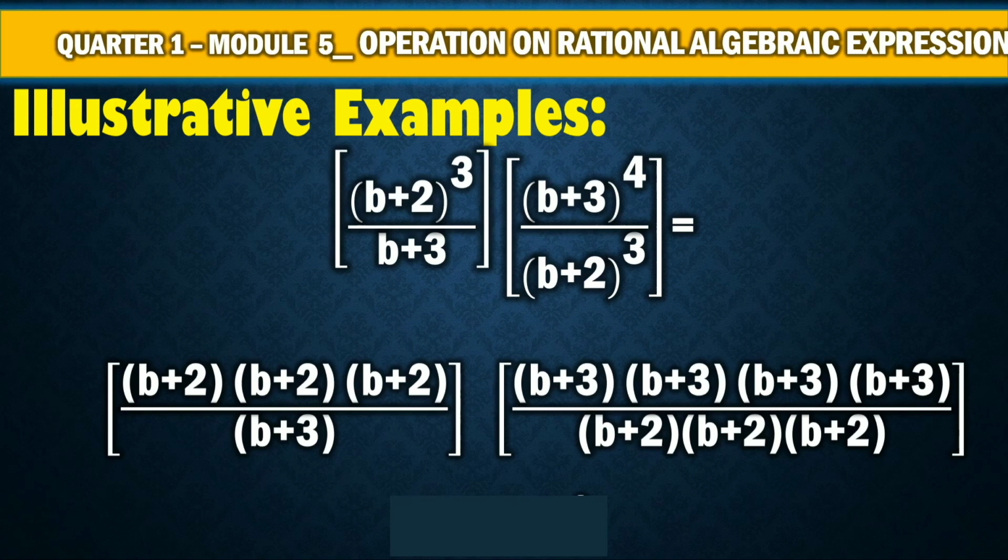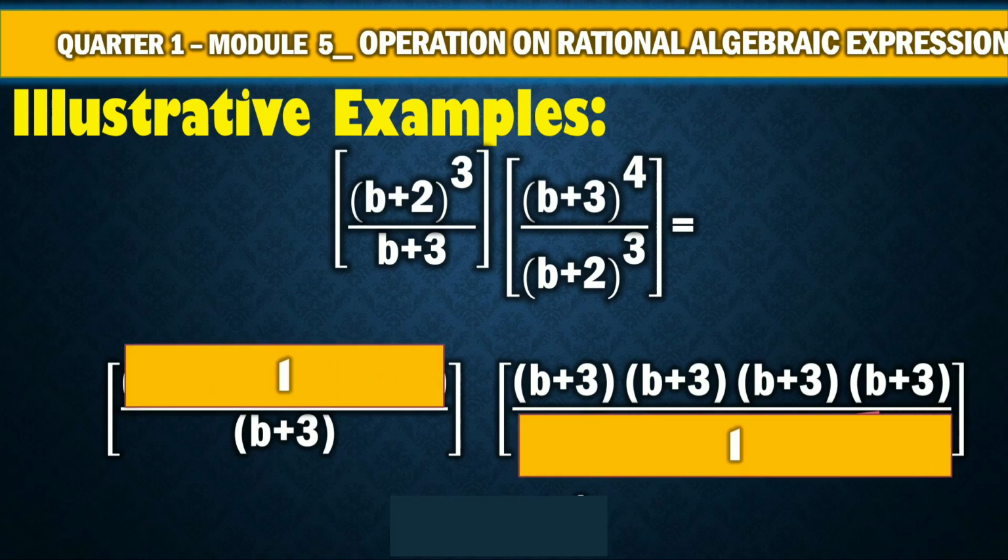And then, after that, let's cancel out or divide out the common binomials. So, the three b plus 2 in the numerator of the first expression, I can cancel all of those out. The same is true with the denominator of the second expression. So, that is also equal to 1 since they are the same. Okay? Next. The b plus 3 cancels out in the first expression, and the b plus 3 in the numerator of the second expression.